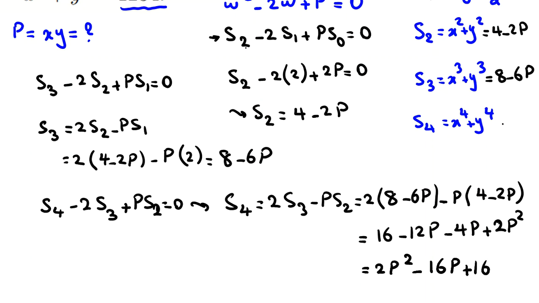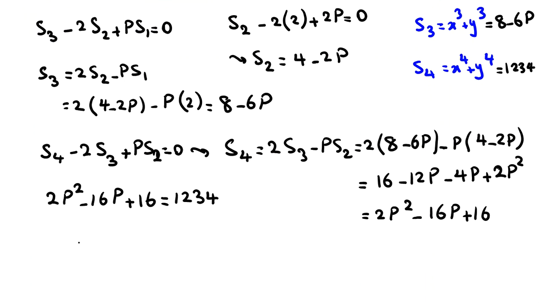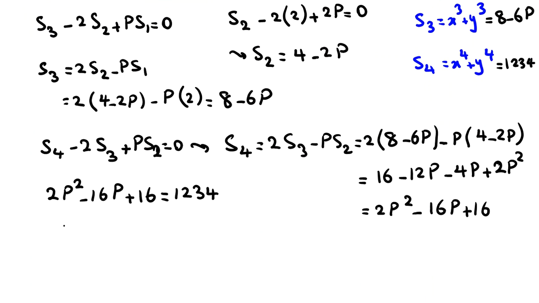And we know S4 is 1234 from the assumption of the problem. So 2P squared minus 16P plus 16 equals 1234. Now we want to find P. We divide both sides by 2.